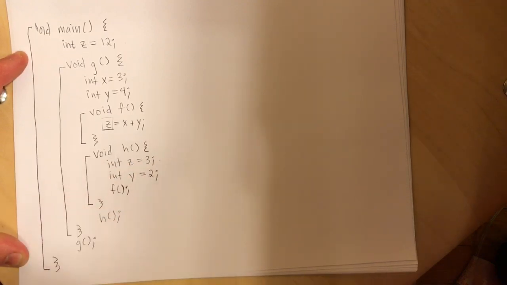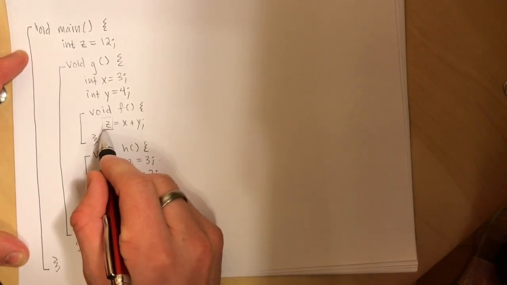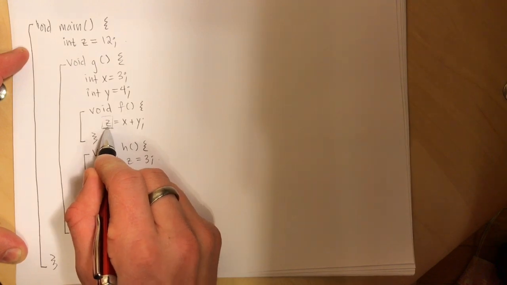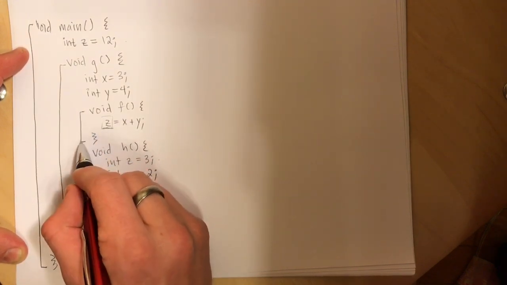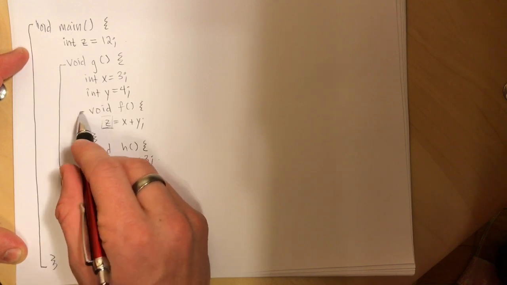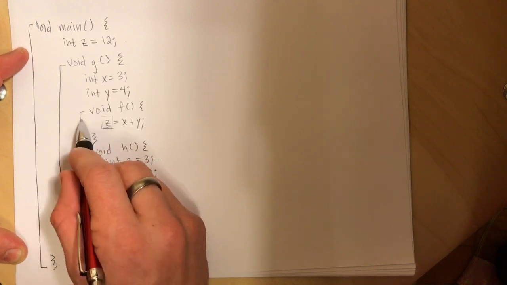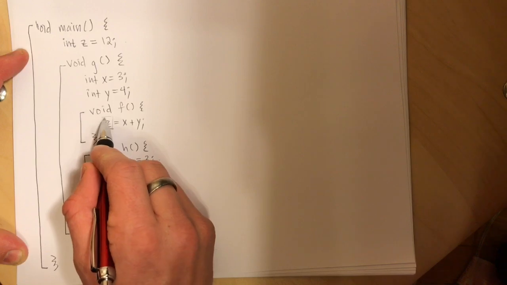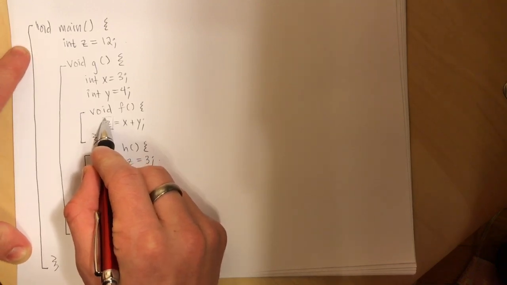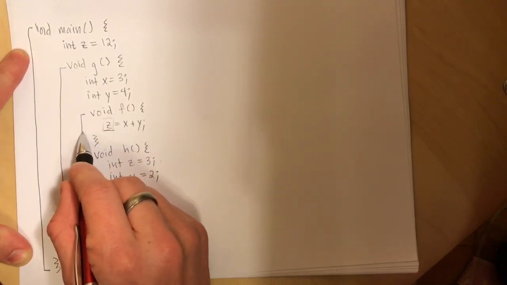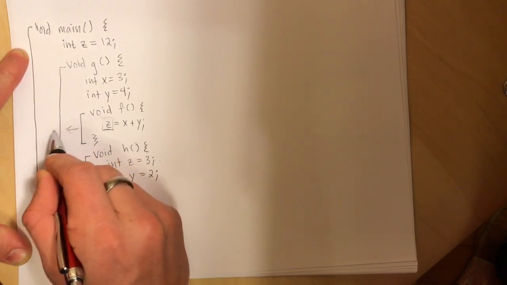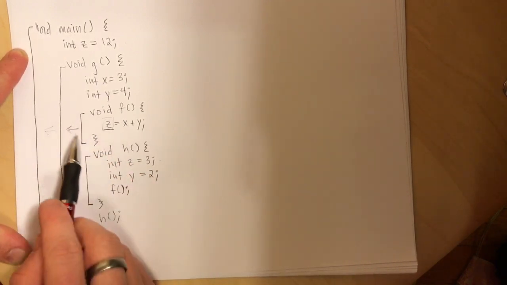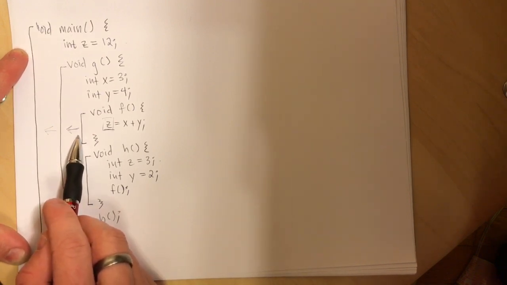So if we were doing static scoping rules, it's really easy to figure out where this z is going to be bound, because we check our most local scope and ask, is there an int z declared here? There's not, so it's not bound to anything in F. So we have to go to the parent. You basically go outside the onion layers to figure out where that z is.